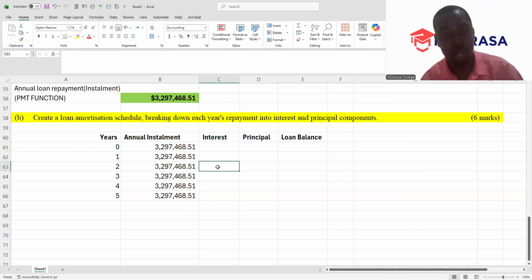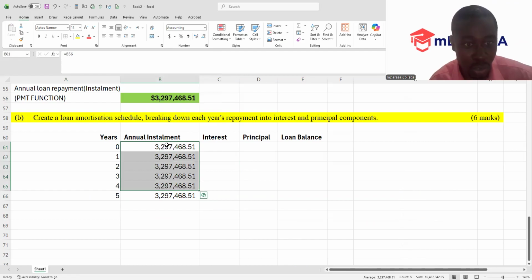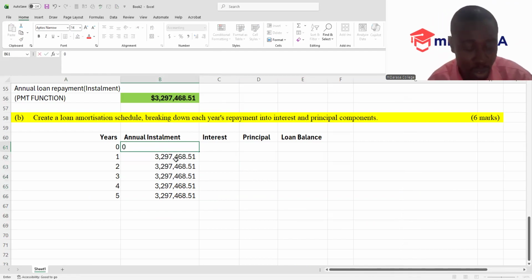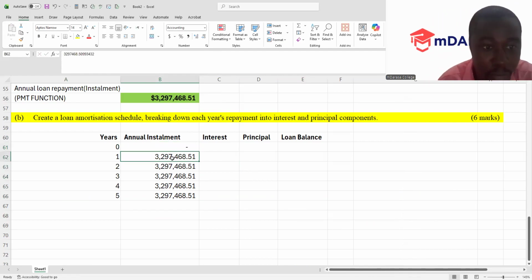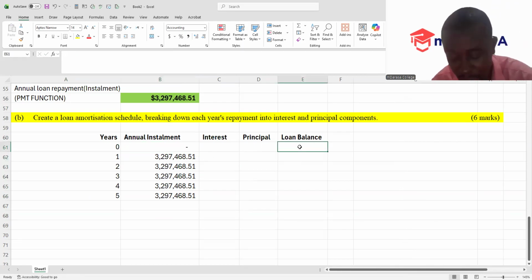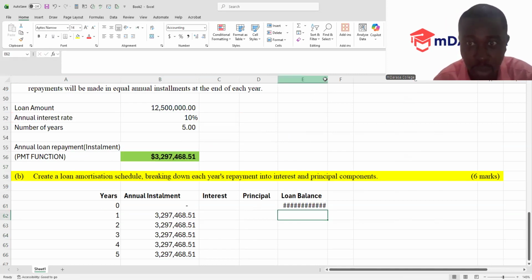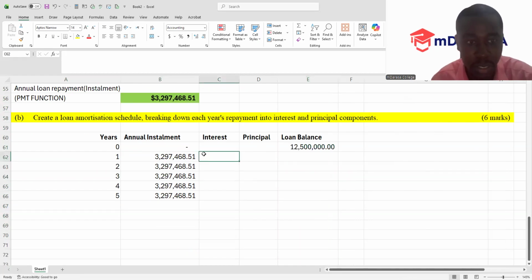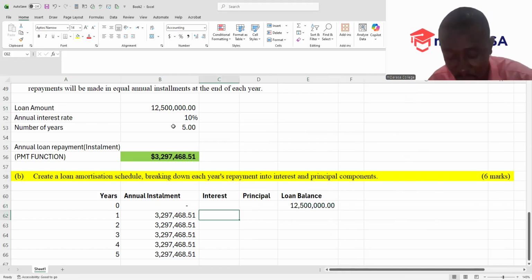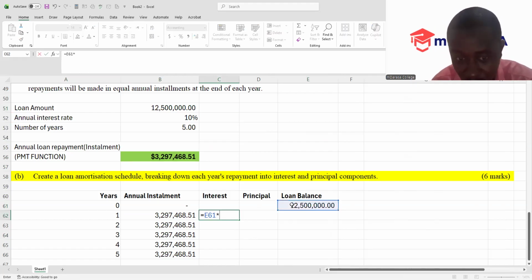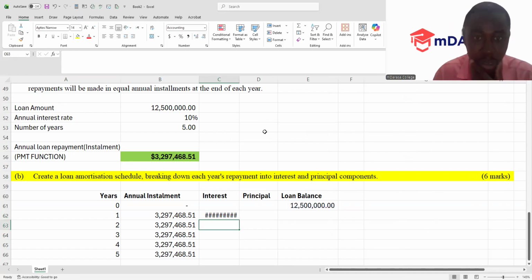So once we have our annual installment, that of course will begin from year 1. The interest component will be based on the loan balance, which is the loan amount that you're taking, 12.5. Interest, you're given 10%. So interest is 10% of the loan balance, which you're having at that point.